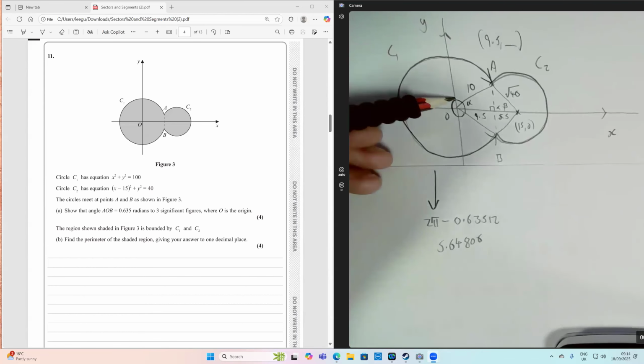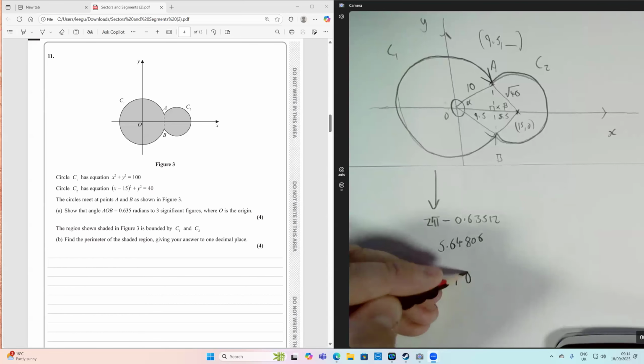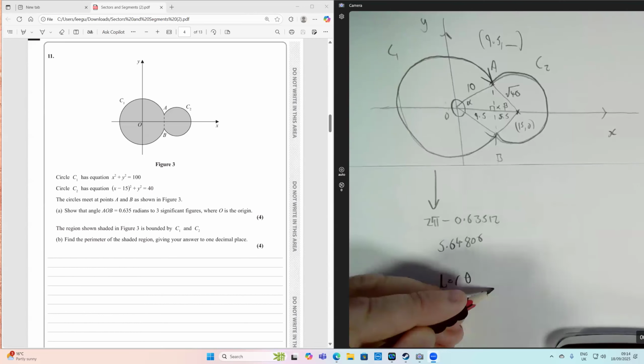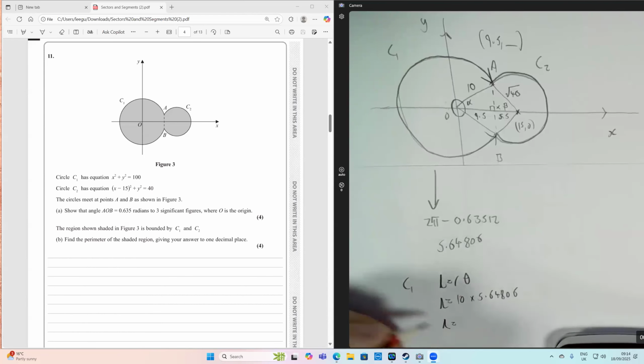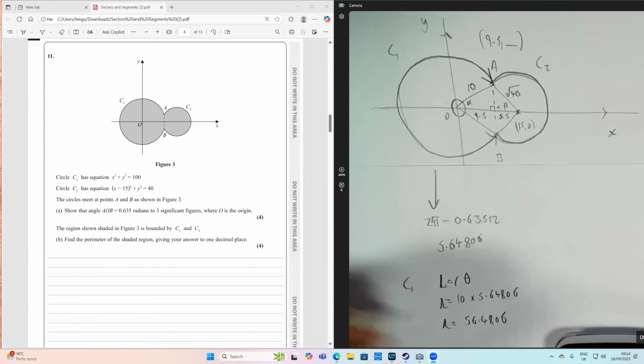So that's the angle round there. So therefore, the arc length from C1 is going to be L equals r theta. Our radius, remember, is 10. And our theta is 5.64806. So therefore, that large arc length is going to be 56.4806. So that's our first big arc length round there.